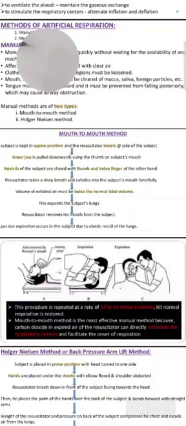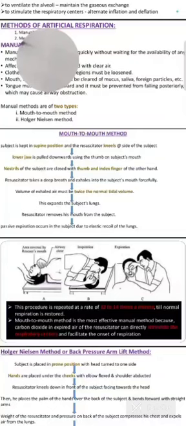So the medullary and pontine centers get immediately stimulated and thereby ventilation occurs. This is the most effective method among the two manual methods.